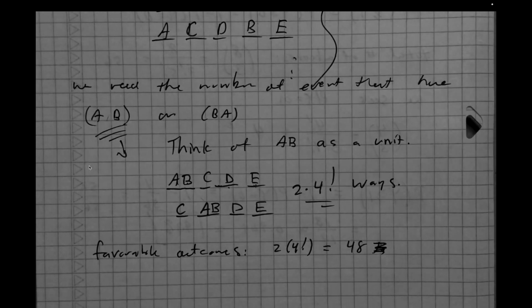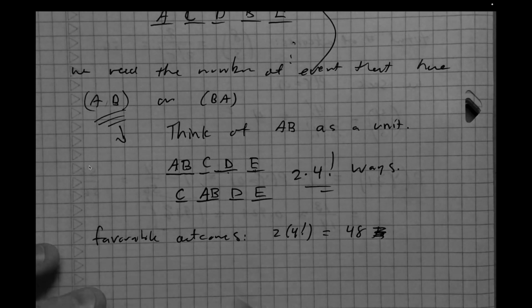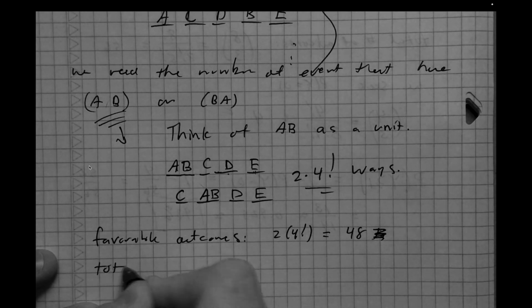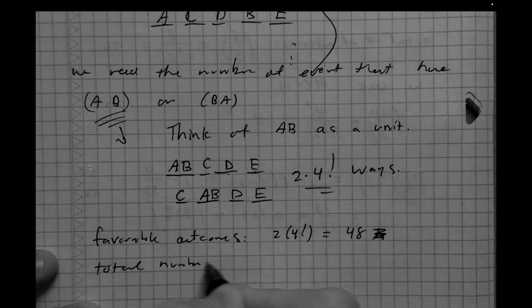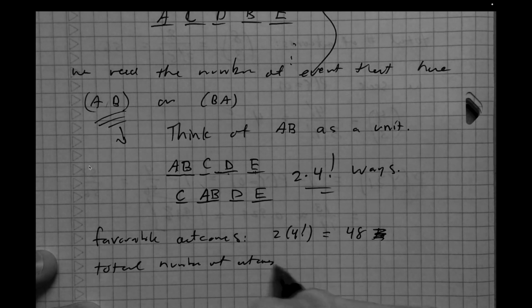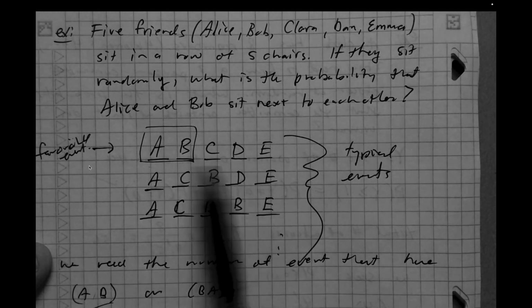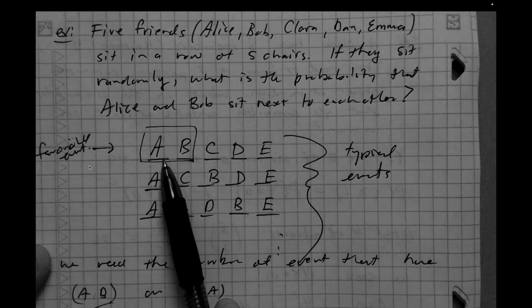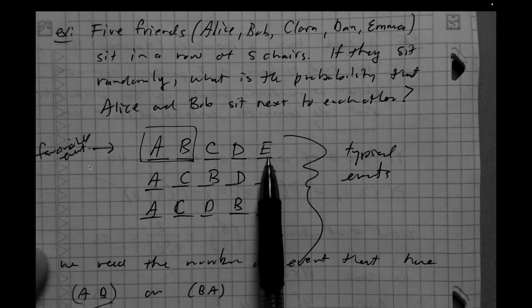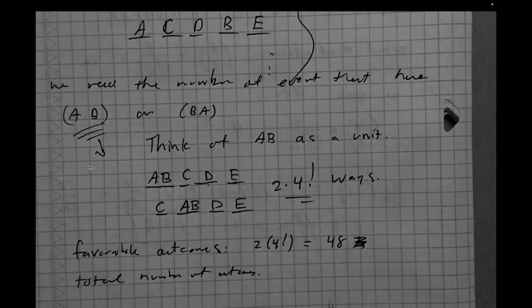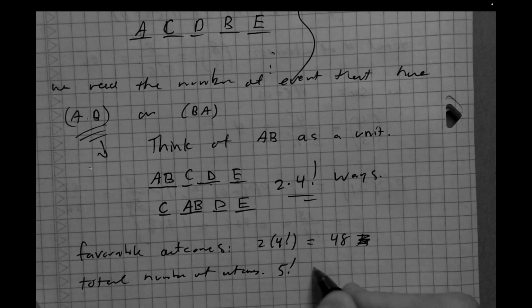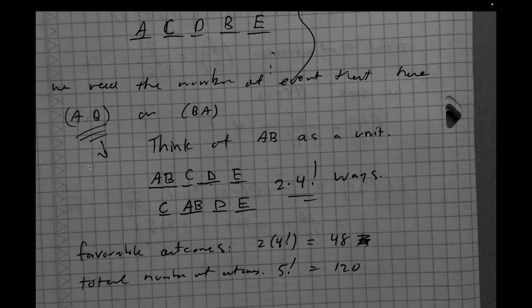We didn't say this up front, but what's the total number of outcomes? Let's go back to your 5 units. 5 choices, 4 choices, 3 choices, 2 choices, 1 choice. So just 5 factorial, which is 120.